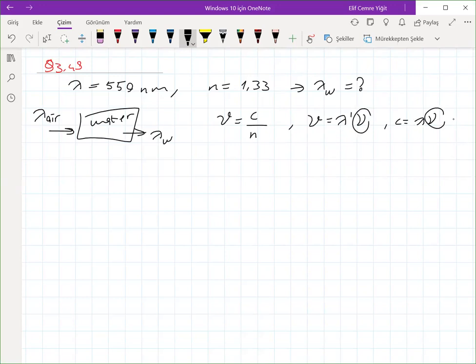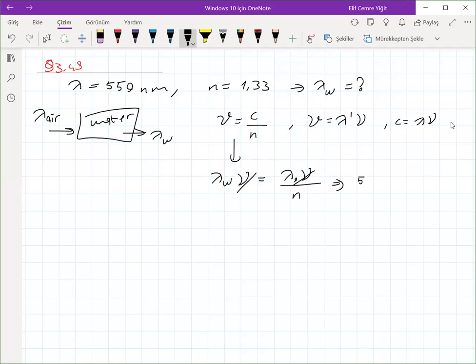So frequency doesn't change when the electromagnetic wave is in matter, only the wavelength changes, be careful about it. So I can just cancel the nu's in this equation. I will say lambda prime or lambda water, let's say, nu is equal to lambda 0 nu over n. And I just substitute everything in this formula. Okay. So these are the same.